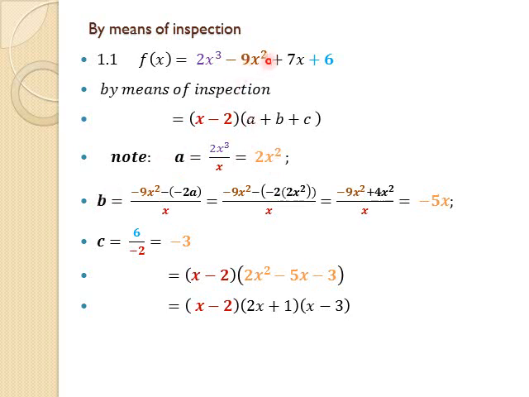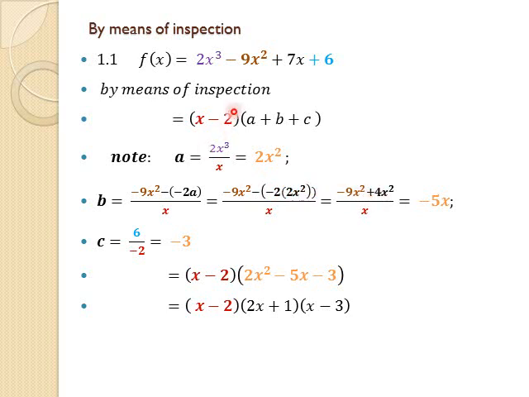B, minus 9x squared. Here if I multiply minus 2 times the 2x squared, I have minus 4x squared. So negative 4x squared, how many x squareds do I need to get to negative 9x squared? In short, it's minus 9x squared minus minus 2 times 2x squared, that is minus 4x squared.